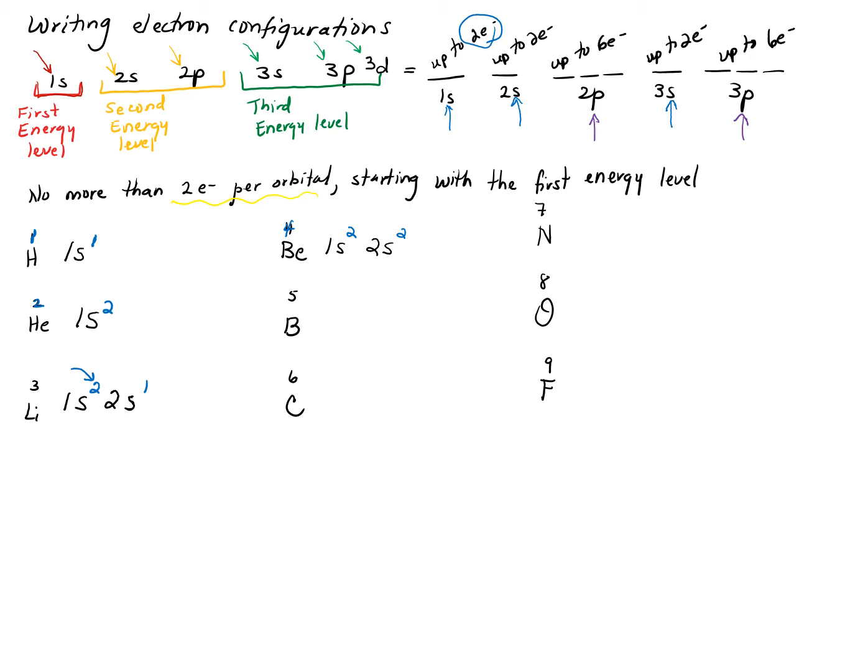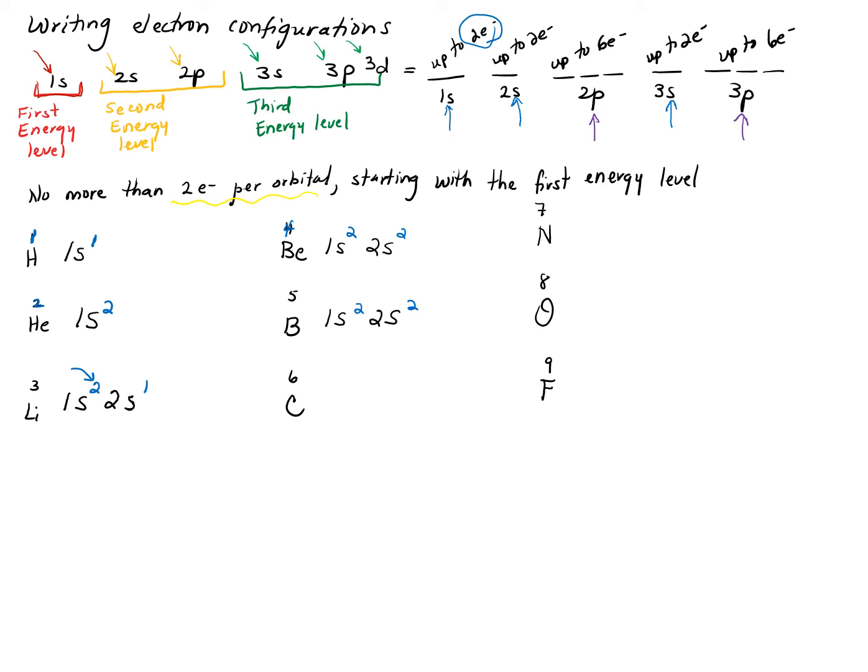Boron, element number 5, starting again in 1s, you can put up to 2 electrons there. Now we move to the 2s, you can put up to 2 electrons there. So check what's happening with boron. You have 4 electrons right there, 2 in the 1s, 2 other electrons on the 2s.